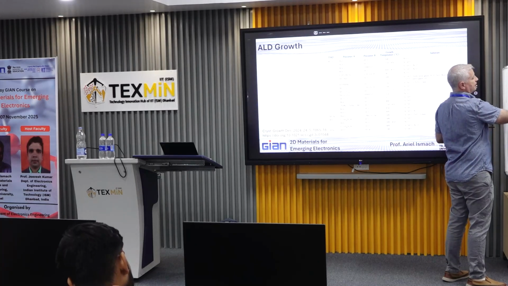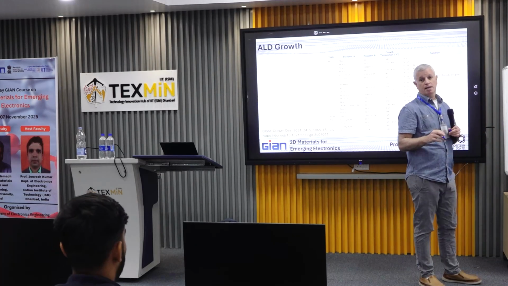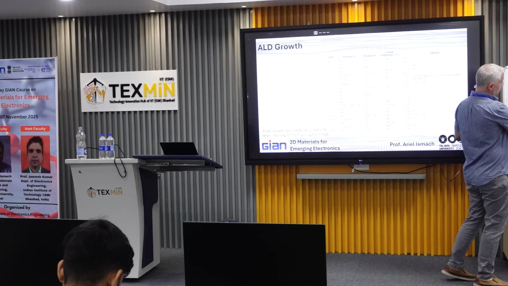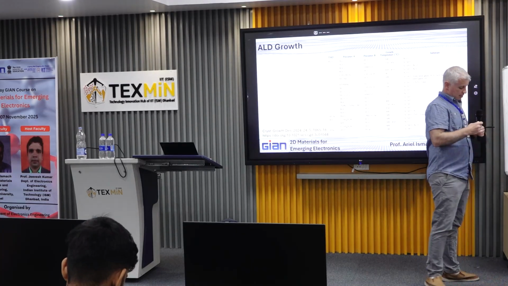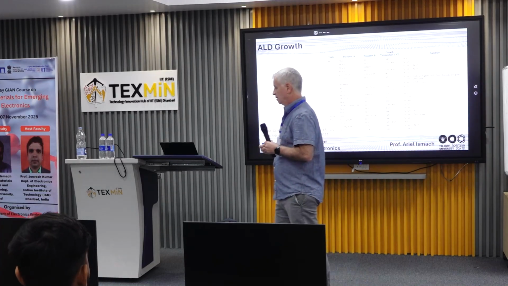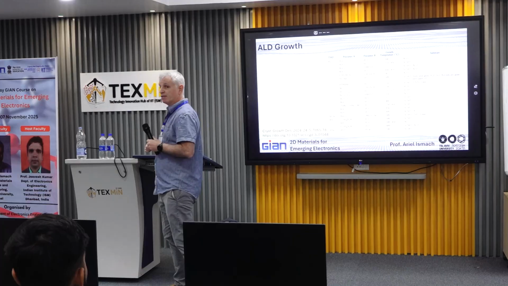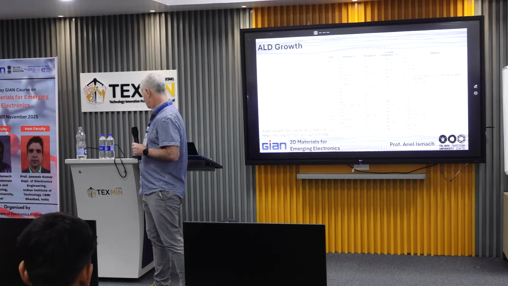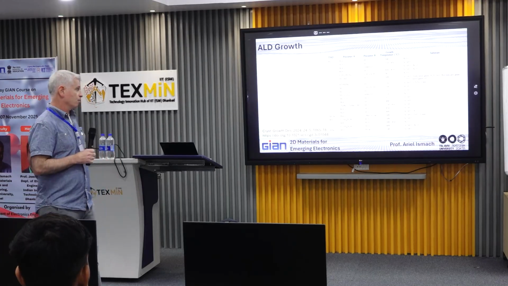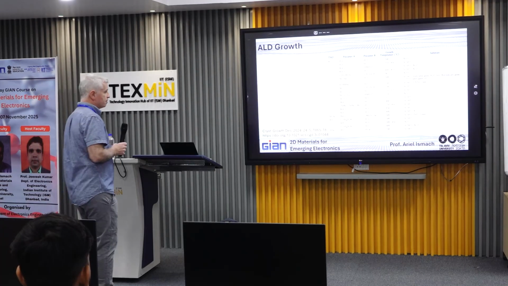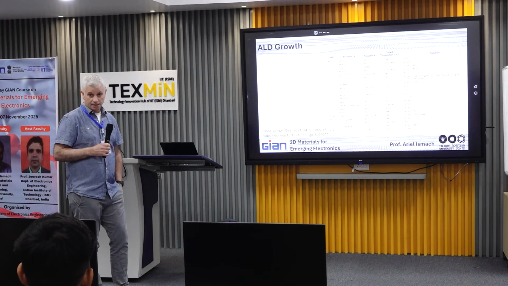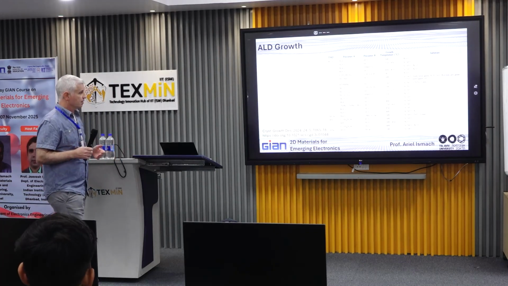Above that, you get many other processes that are not ALD and are not wanted. And this process range is quite low temperature, something like 200 to 450. This is considered low temperature for crystalline thin film growth. And that's the main reason for ALD growth of the TMDs, and it is done, it's not that people haven't tried.